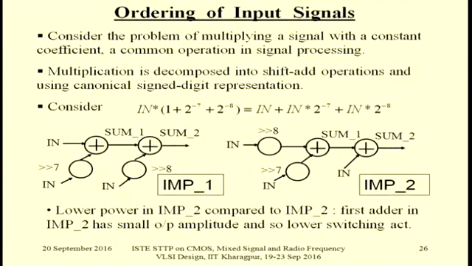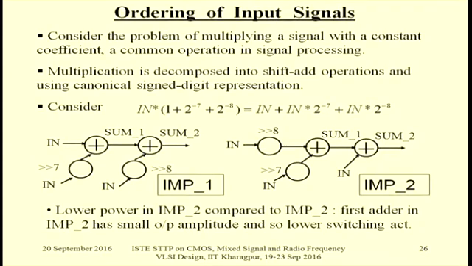For this implementation, we choose to follow this order. You add this much smaller number to this number, and again to the result you add another much smaller number. So here sum 1 and sum 2 have very similar switching activity.